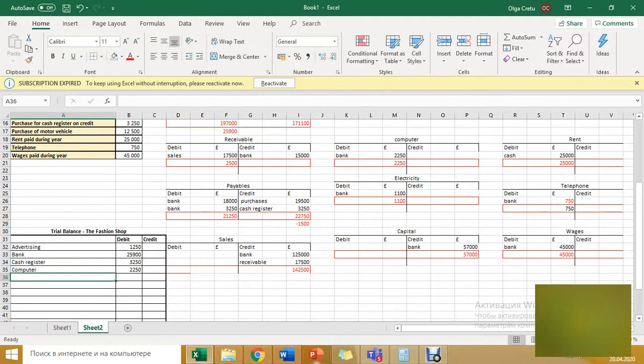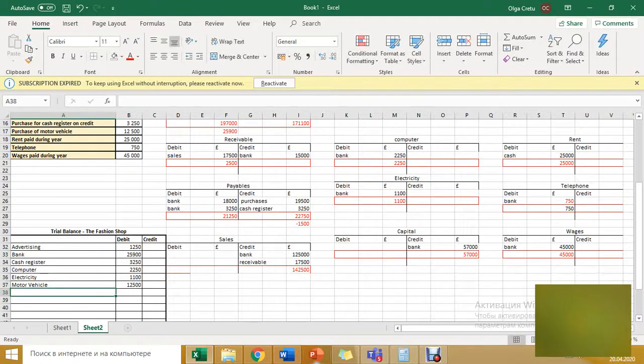And then we have electricity, and we spent for electricity 1,100, and then we have the motor vehicle, and we spent 12,500 for it.